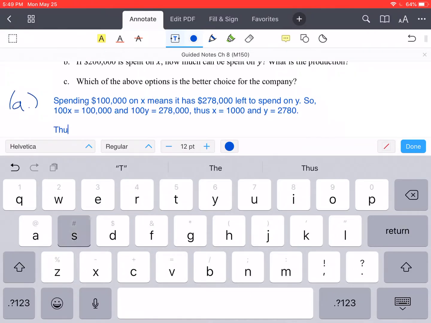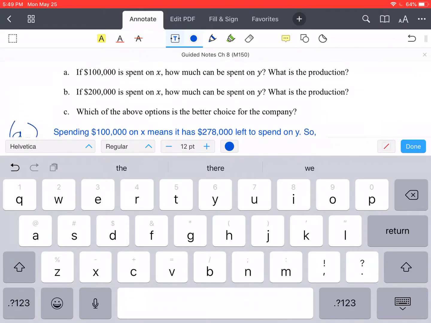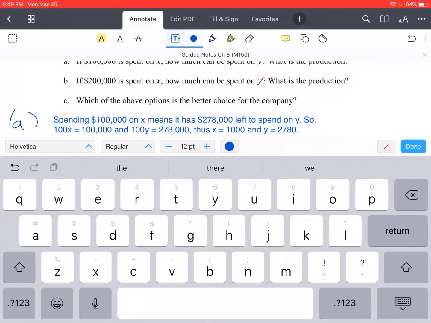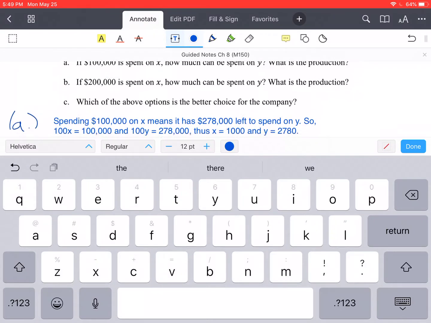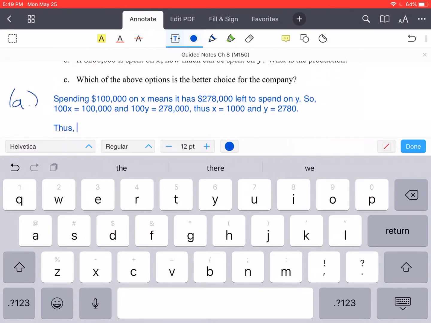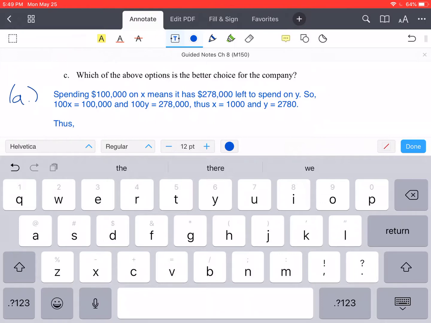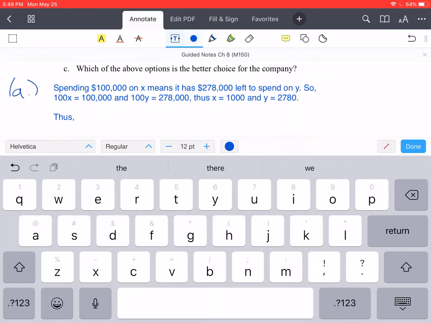Okay, so thus, if we are looking at the production level when we spend $100,000 on x and $278,000 on y, we're producing 1,000 items of x, and we're producing 2,780 items of y, whatever those are.